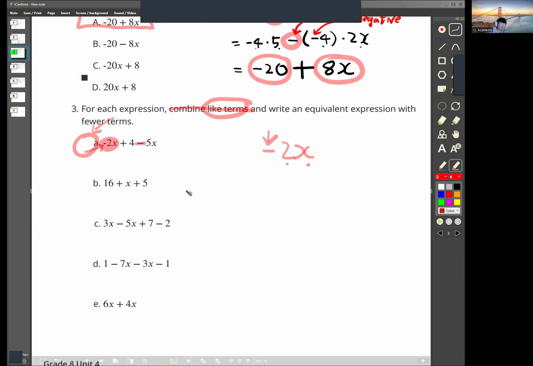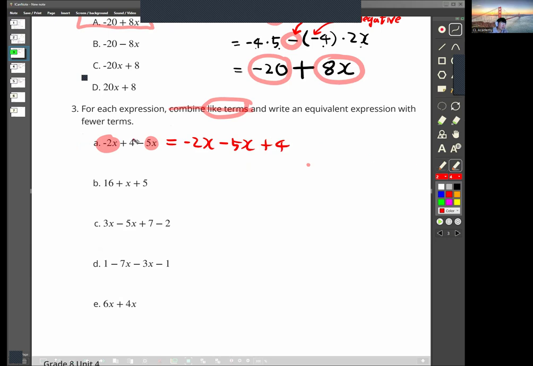In order to operate with minus, you need a number to subtract from, but we cannot subtract because there is no number here. So negative 2x minus 5x plus 4.